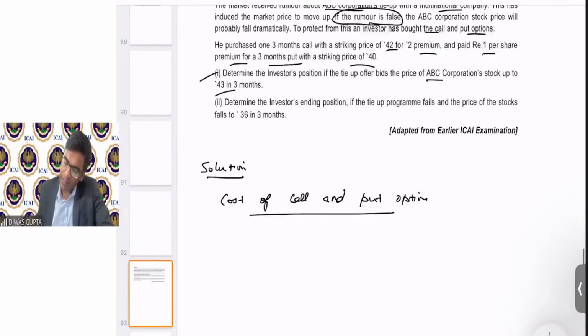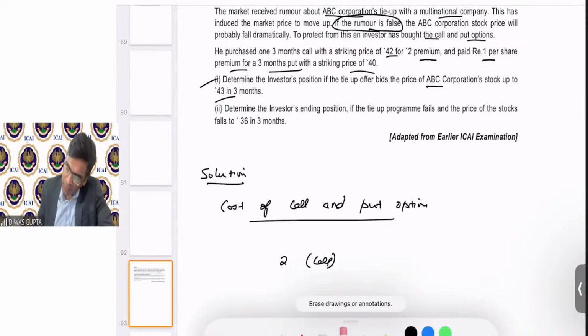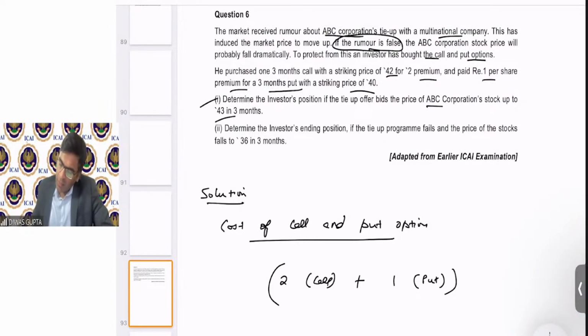Let's take it simply that 2 rupees is the premium for the call option and 1 rupee is the premium for the put option. So this brings us 3 rupees for both call and put.